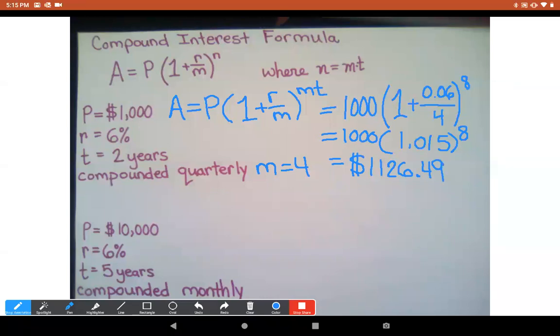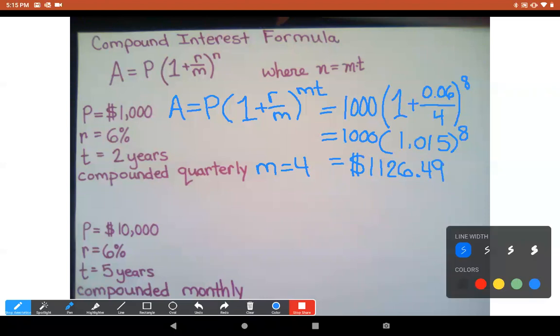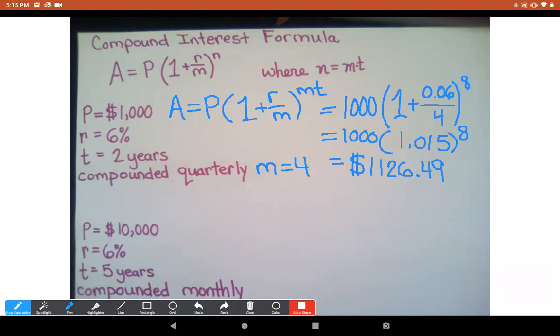Now, if we're compounding monthly, like in the second problem, then we're compounding 12 times a year. Using our formula, A equals P, which is 10,000, times the quantity 1 plus R over M. R again is 0.06 for 6%, but M is 12.